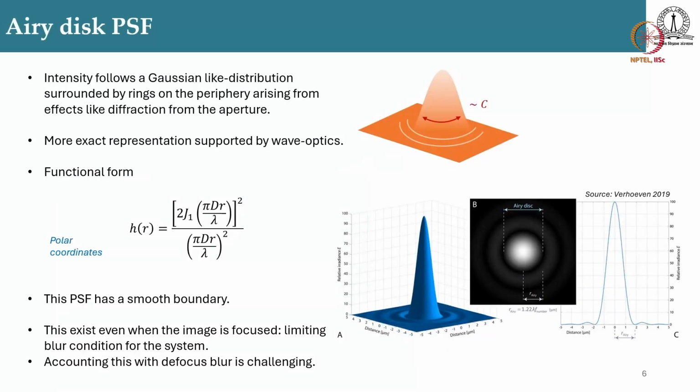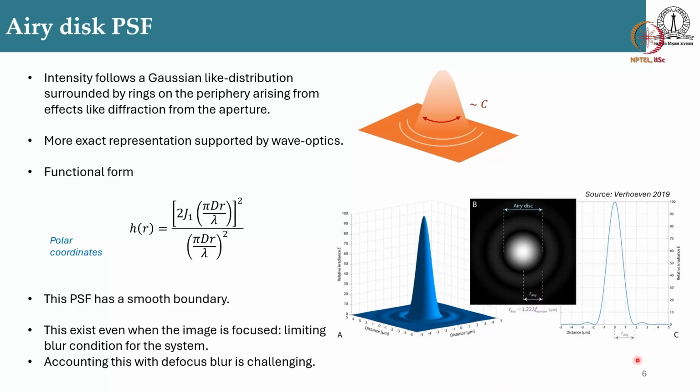Coming to the Airy disk PSF now, it still has a Gaussian-like distribution in the center, but then you will see rings around that center, or waves. If you look at this schematic, you can see that there is this dome which looks like a Gaussian dome, but then you have ripples or rings around it.